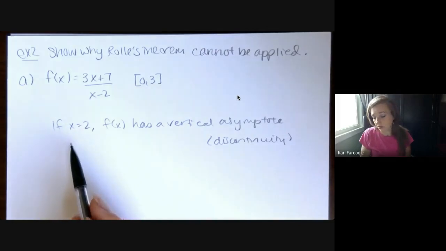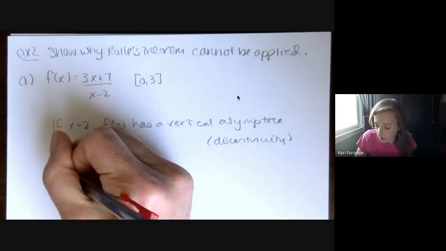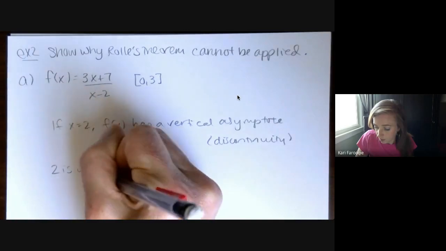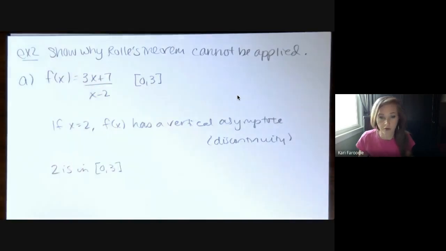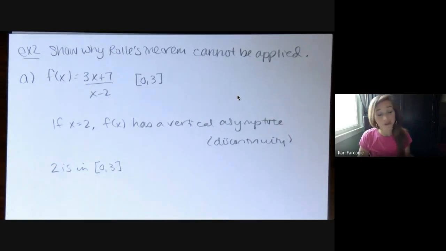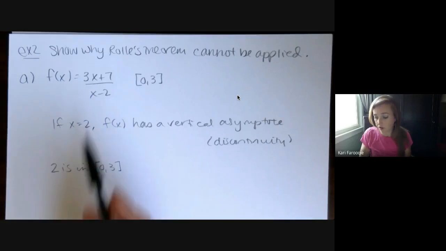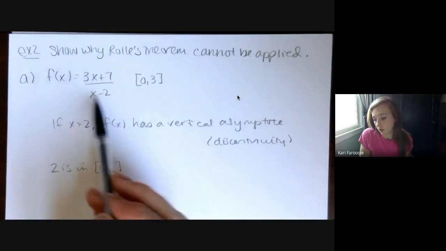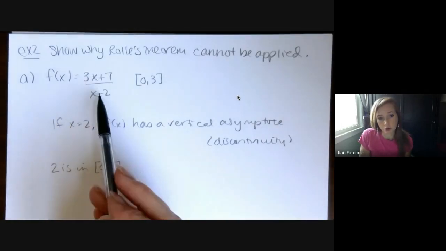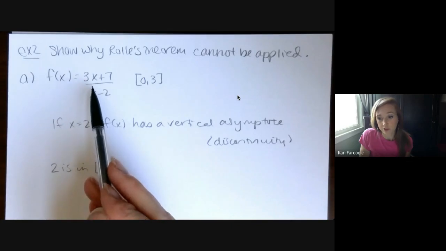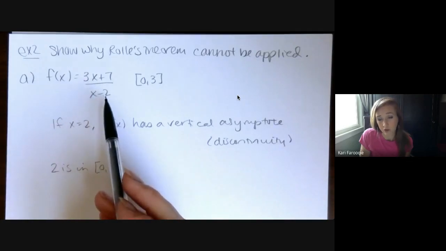And that matters in this case because 2 is in our closed interval from 0 to 3. So it's not continuous at 2. It's not going to be differentiable at 2 either in that case. If you take the derivative, think about what would happen here with the quotient rule. In your derivative, you would have in the denominator the quantity (x - 2) squared.